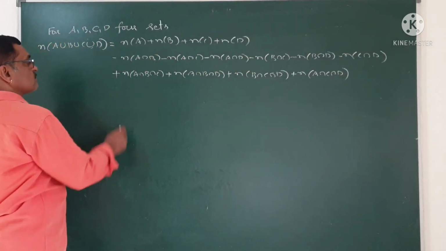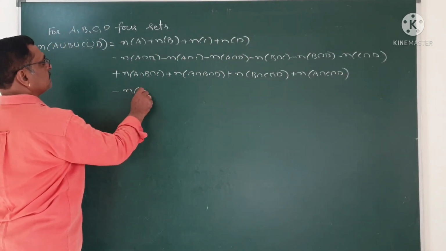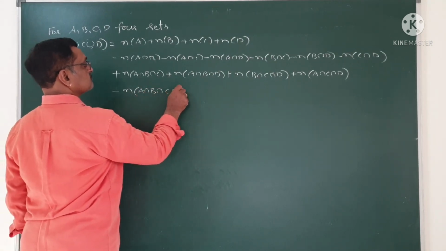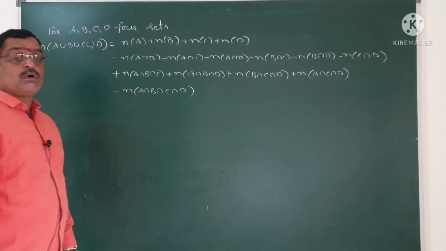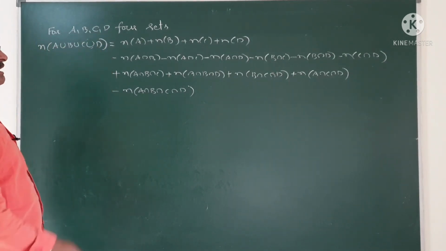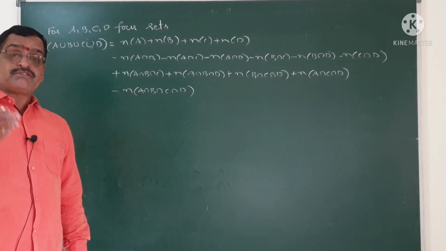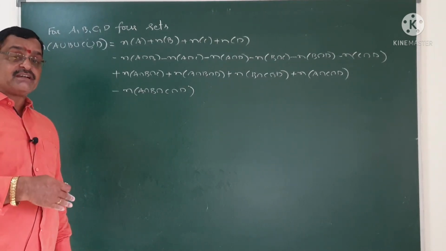And finally, I need to subtract the number of elements which are common to all the sets. Now I can extend this to 5 sets, 6 sets and so on. Any number of sets, we can extend this sequence.